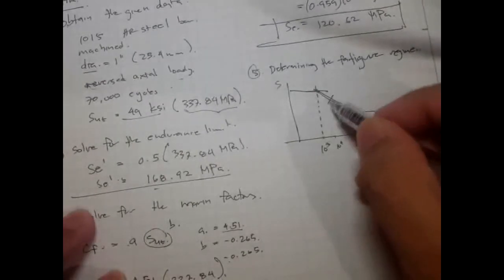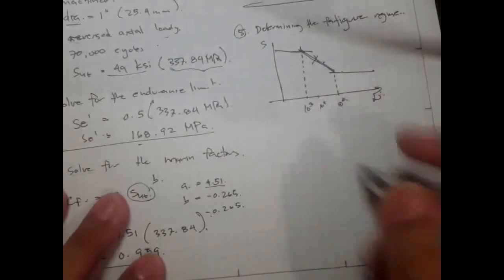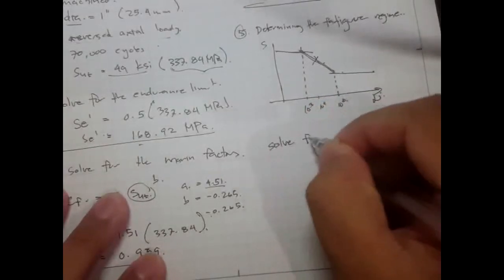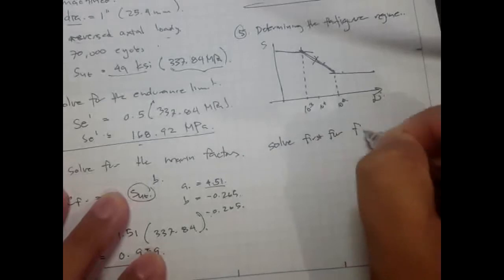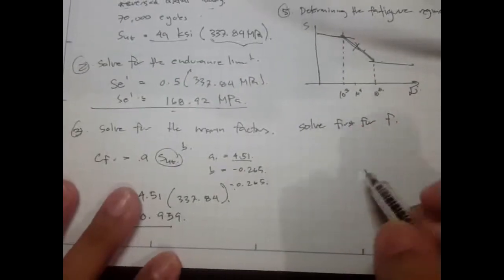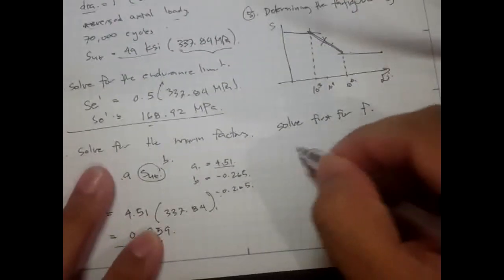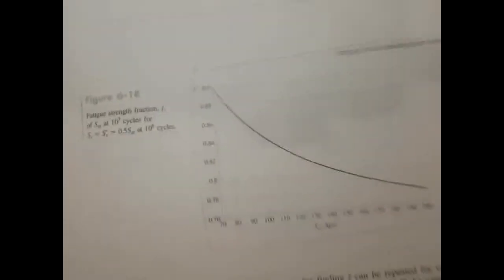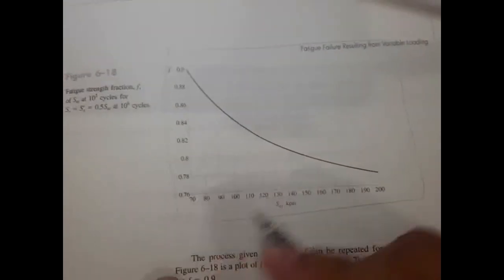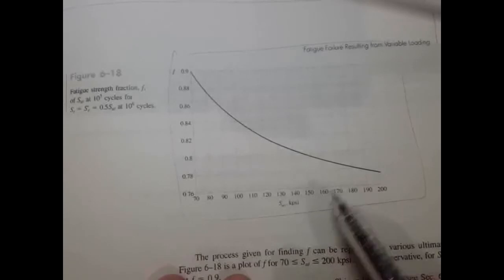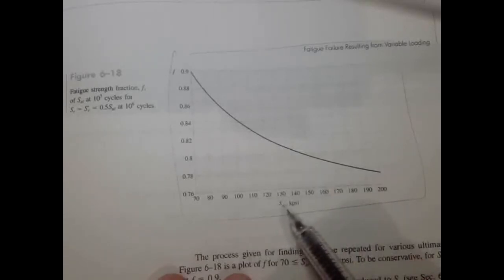Okay, so we are right here. Let's solve first for F. If we check this graph right here, in the horizontal axis we have the ultimate tensile strength.